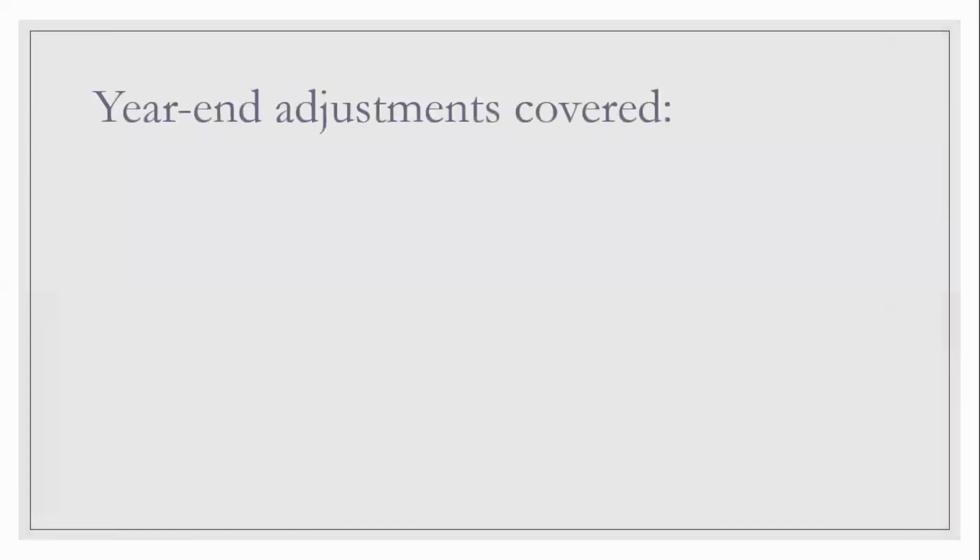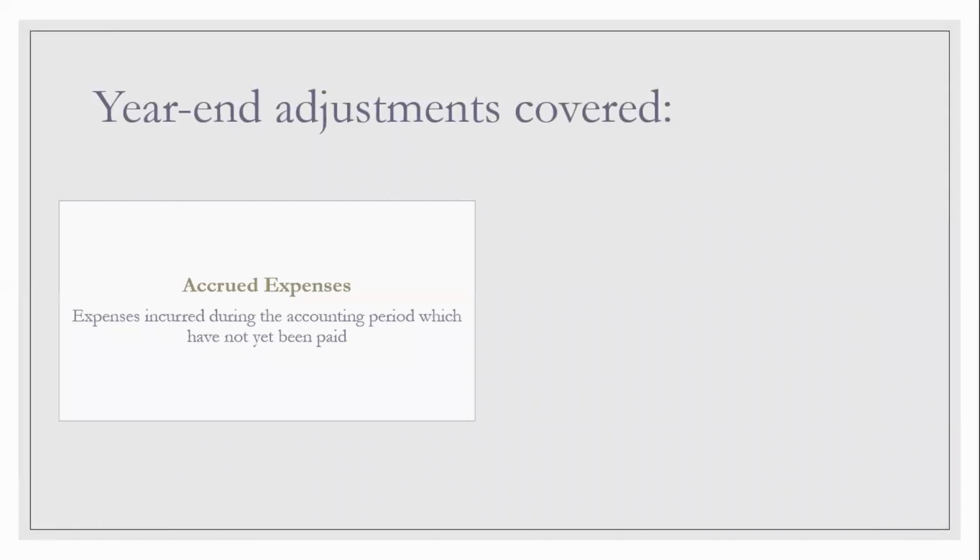Now, today's year-end adjustments that we are going to cover. The first one is accrued expenses. Now, accrued expenses are expenses that are incurred during the accounting period, which have not yet been paid. Meaning that we have all of these expenses that we still have to pay, even though we've already incurred them.